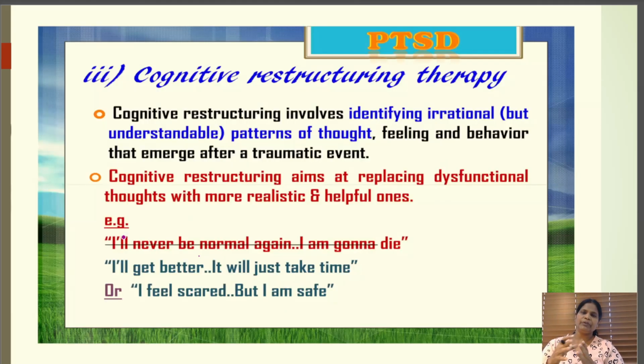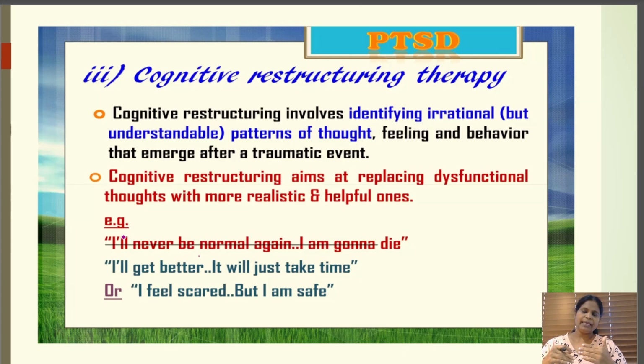Next, cognitive restructuring therapy. Here it involves identifying irrational patterns of thoughts, feelings, and behaviors that emerge after a traumatic event. So these persons will have a negative perspective or negative view of life. They will say things like, I am never going to be normal again, I'm going to die, there is nothing, hopelessness will be present.